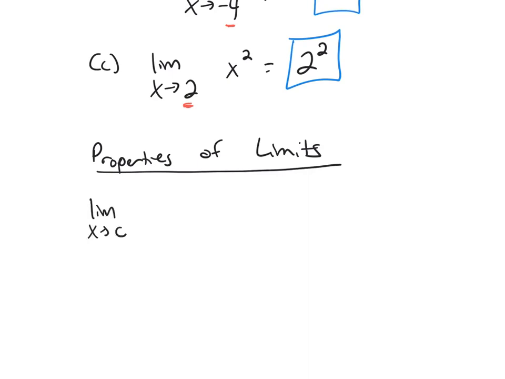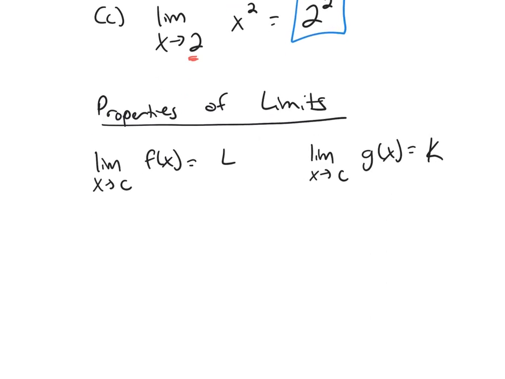Supposing that the limit of f of x as x goes to c is L, and the limit as x goes to c of g of x is k, then we have the following properties.